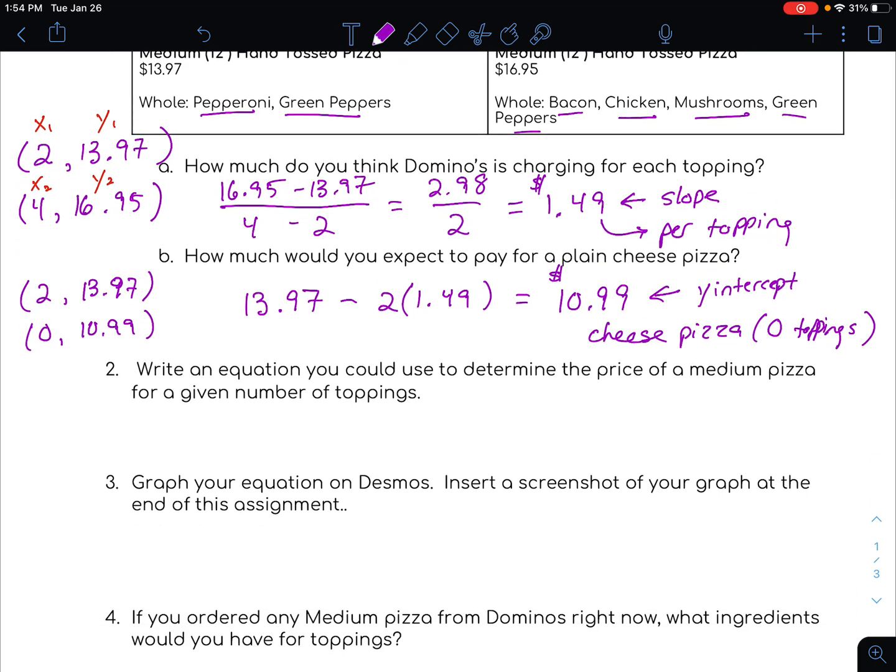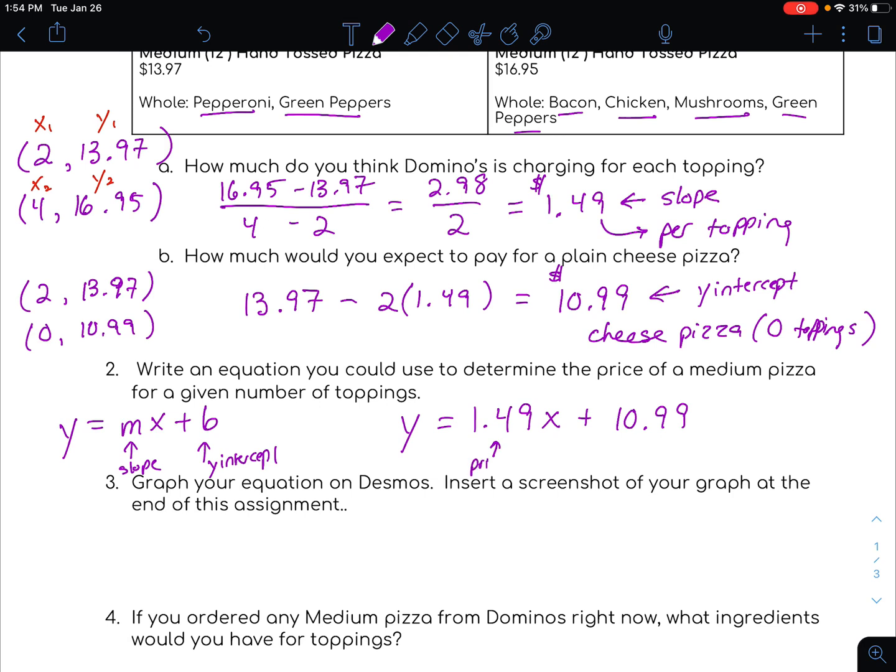So write the equation you could use to determine the price of the medium pizza for the given number of toppings. Well, now we know in our y equals mx plus b equation, we know the slope and we know the y-intercept. So now we can write that equation for the medium pizza as 1.49x plus our y-intercept of 10.99.